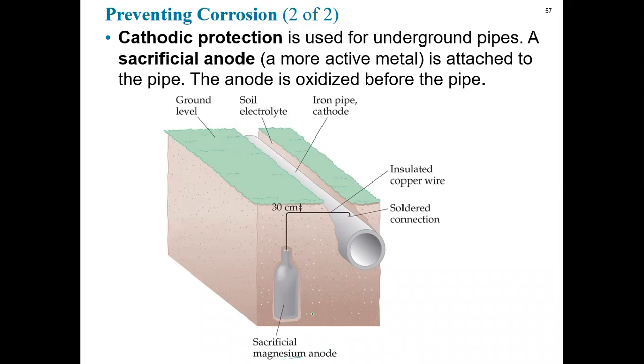Therefore, the magnesium becomes the anode and this becomes the cathode, so your metal will not be oxidized. That also happens in your home in your water heater. In your water heater, they usually implant a rod of magnesium metal, which keeps your water heater from rusting and gives it a longer life.